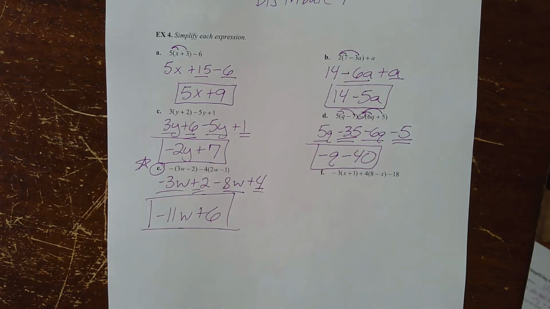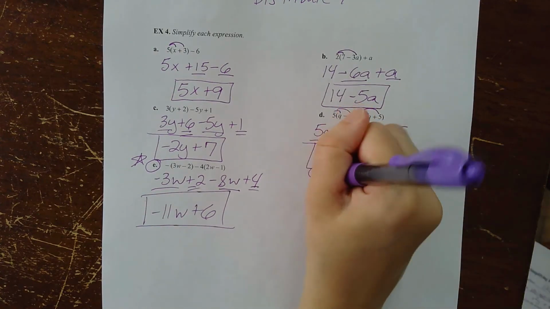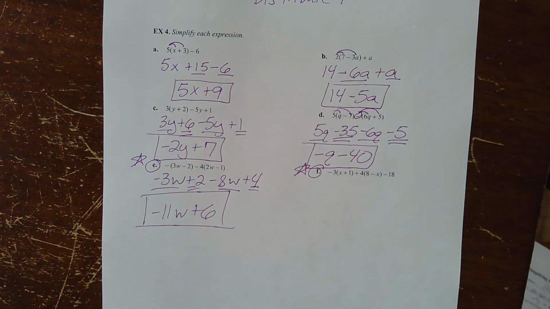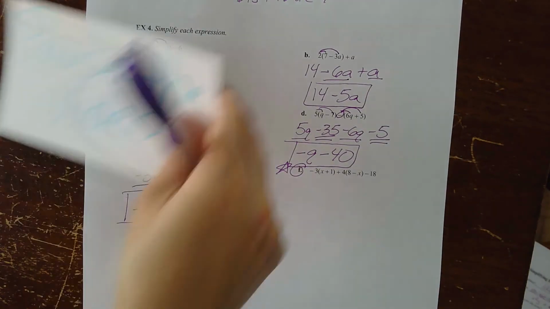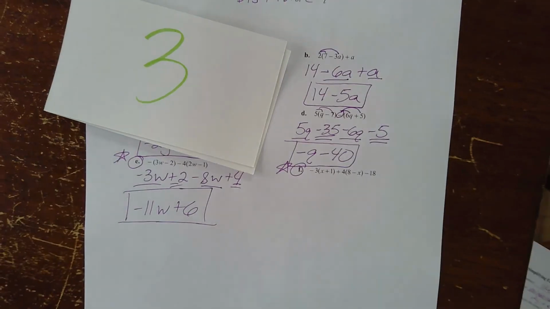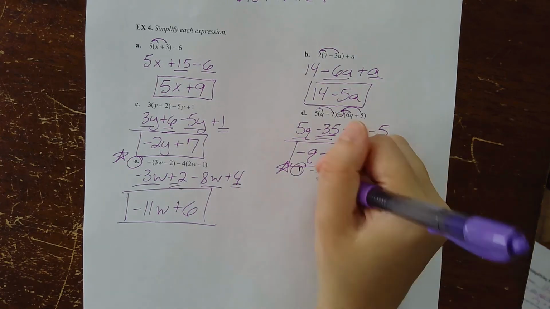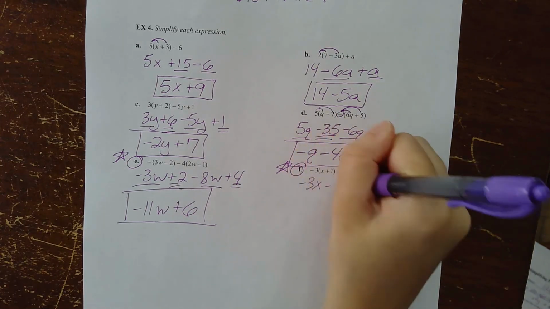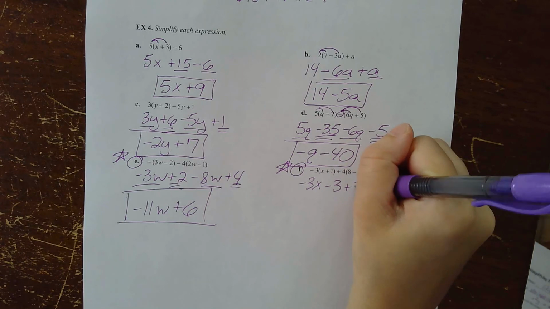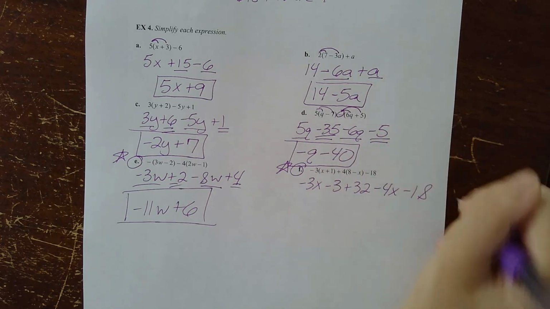Okay. All right, last one is part F, and I'm going to let you guys have one more practice here. So go ahead and pause your video and go ahead and try that one, and we'll go over the answer in 3, 2, 1. When you distribute, you should get negative 3x minus 3 plus 32 minus 4x minus 18.